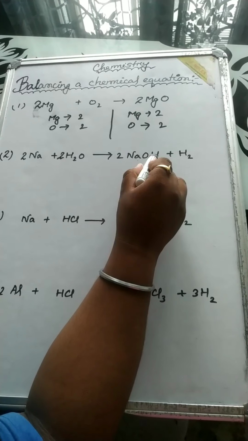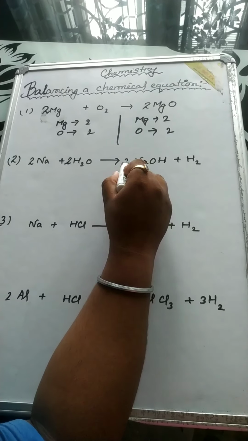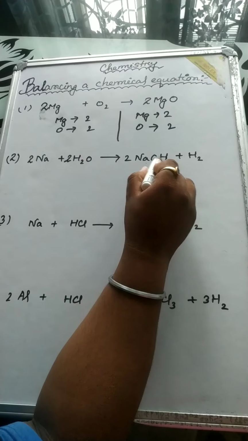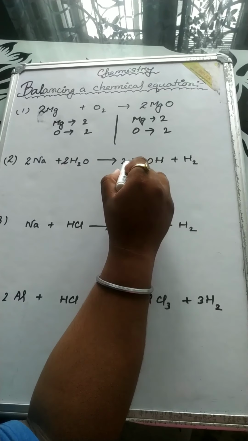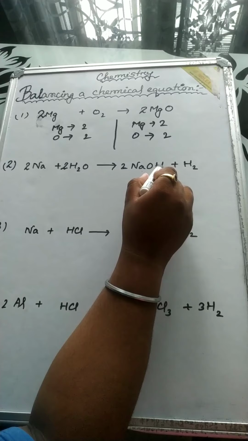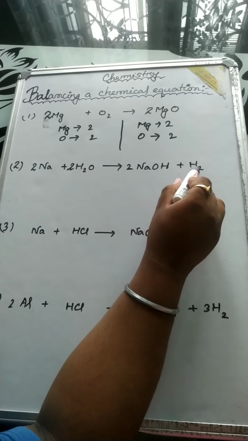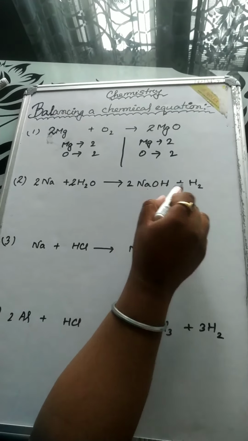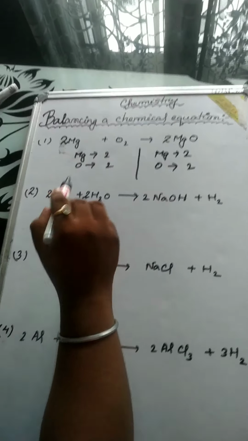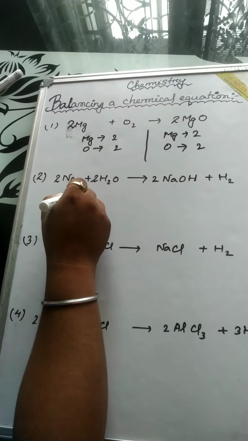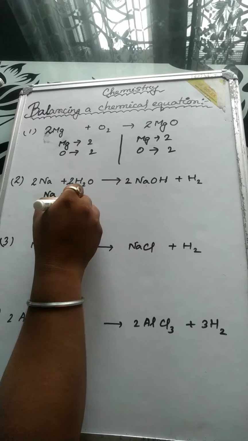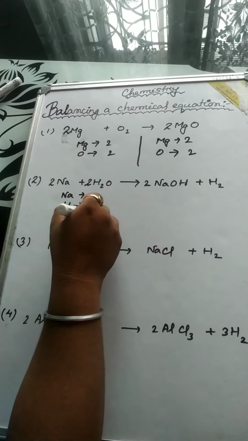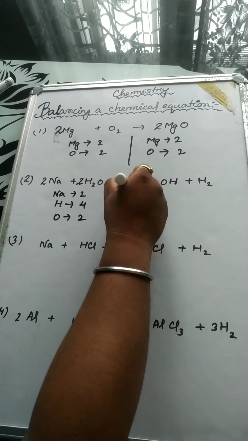Now let us see the number of atoms of hydrogen. Here there are two atoms of hydrogen. Since this 2 multiplies each element, there are two atoms of hydrogen and two more atoms of hydrogen, so 2 plus 2 is 4. The number of atoms on the reactant side is sodium 2, hydrogen 4 and oxygen 2.